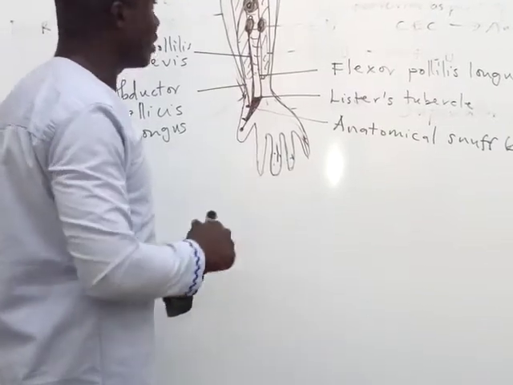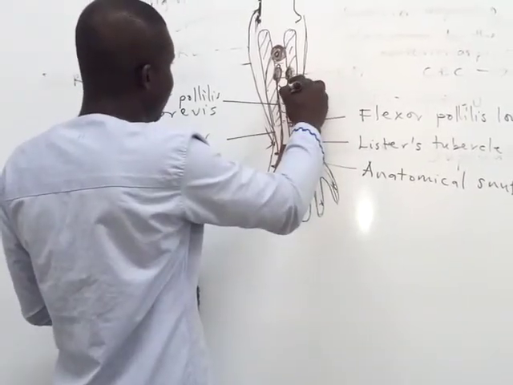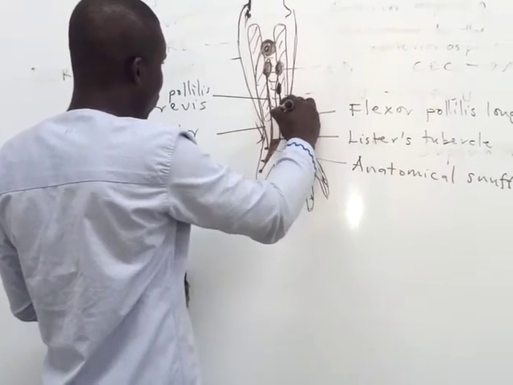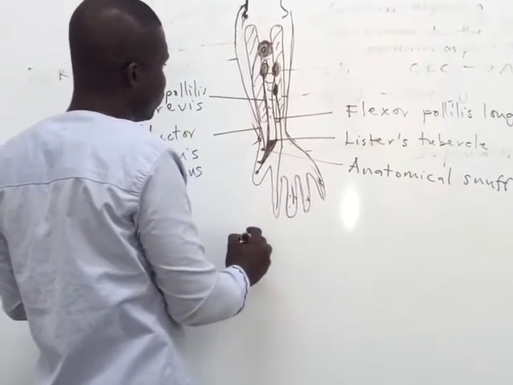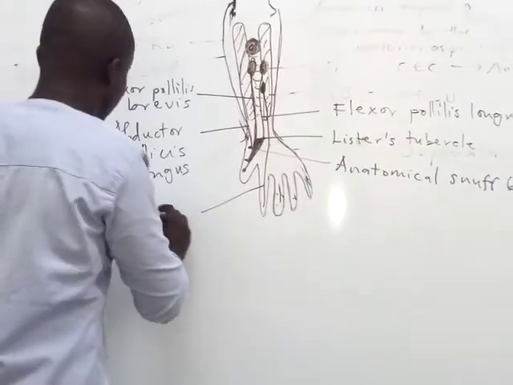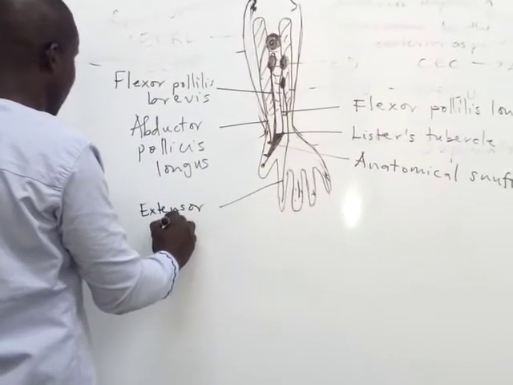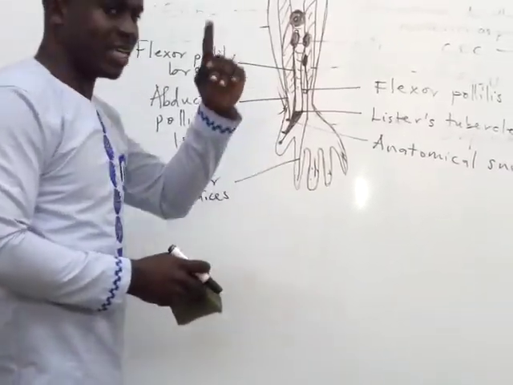Now the last muscle of this is an additional muscle, from even a lower level, the adjoining interosseous membrane, all the way to the index finger, and this muscle is known as extensor indicis. So to the index finger.